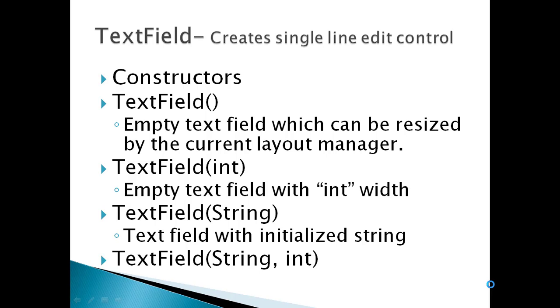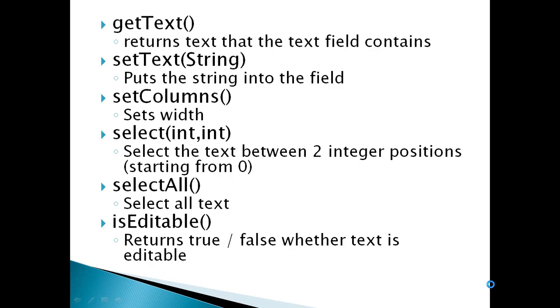Fourth is TextField(String, int), which creates a text field initialized with a string value and a width given as an integer value. These are the four constructors of TextField, which is nothing but the single line edit control.